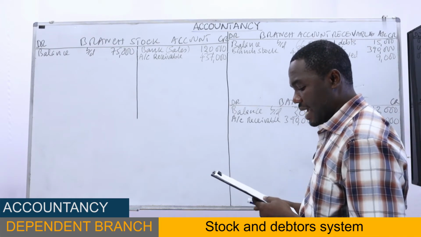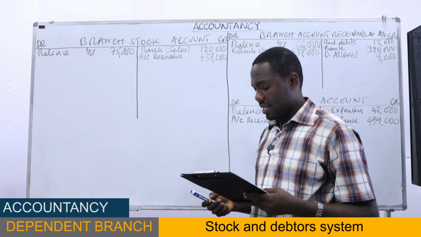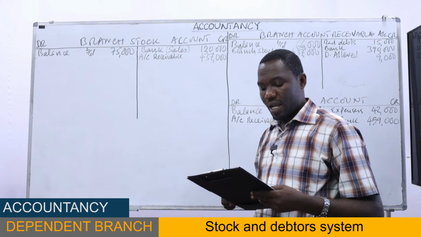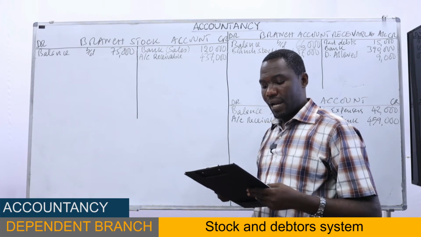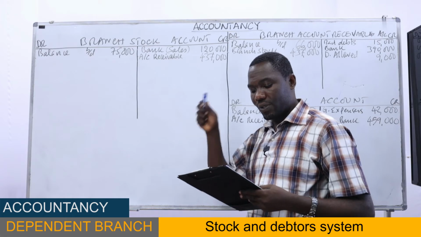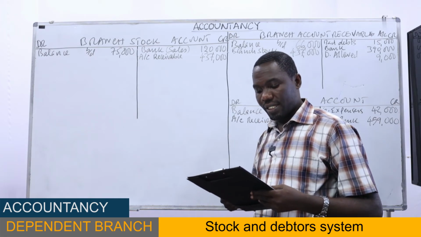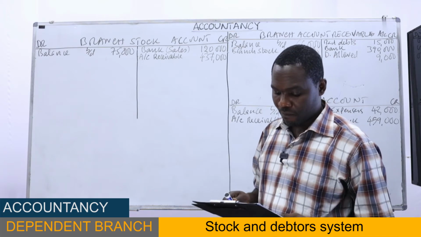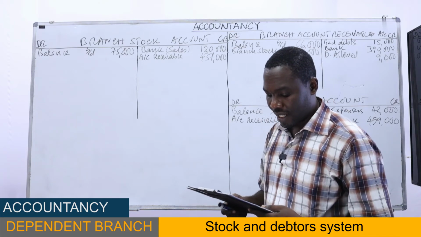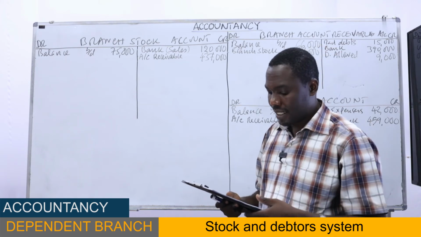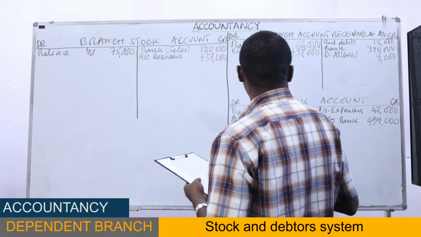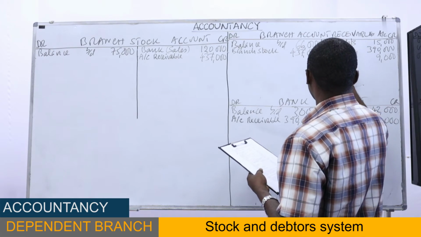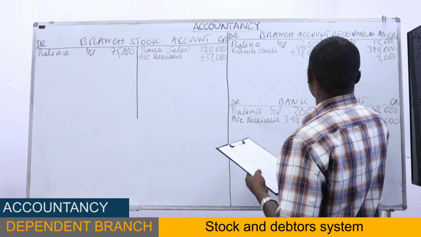Next, it was goods returned by credit customer. When a customer returns goods, we are not told that they return direct to the head office. So definitely this was a return from the customer to the branch. If it is a return from the customer to the branch, then we reduce the balance of the customer, not to goods sent, but to branch stock.